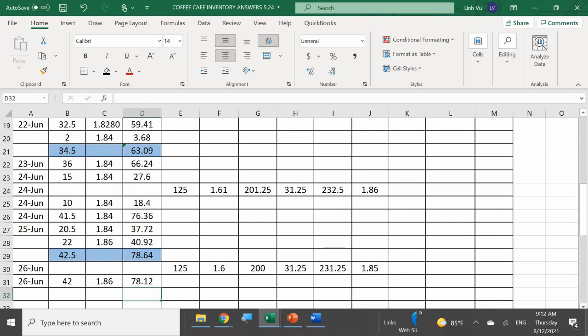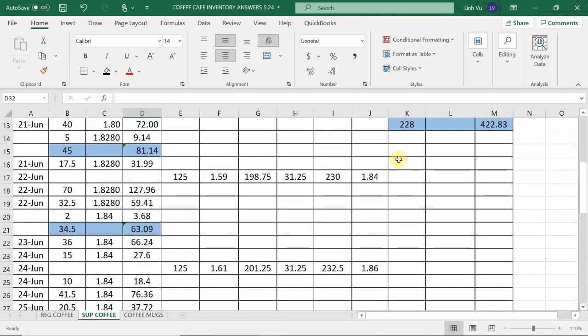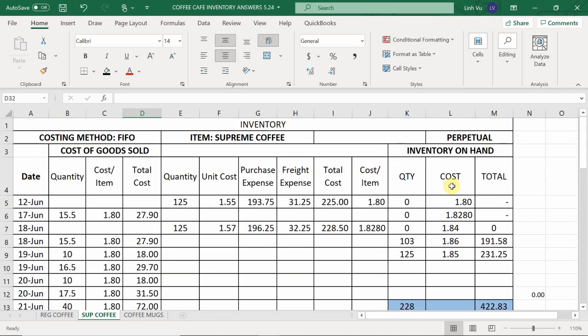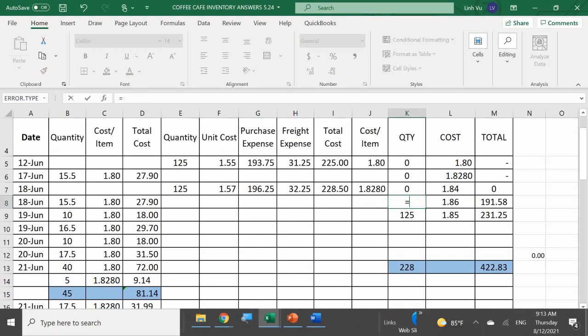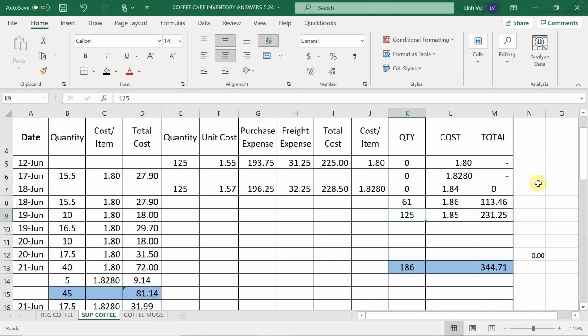Good. Yes. So it's 103 minus 42. Gives me 61 pounds. 61. And then, yeah, 113.47.